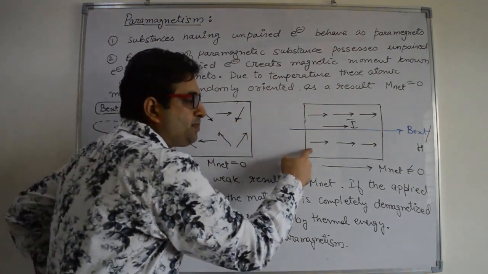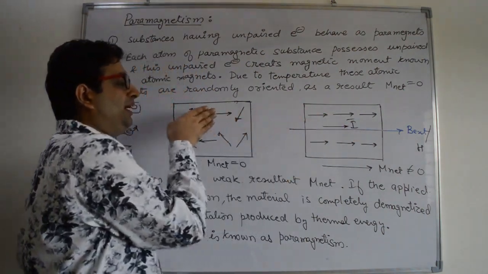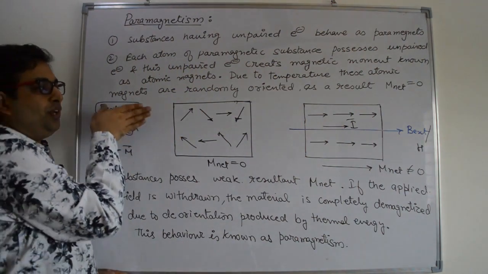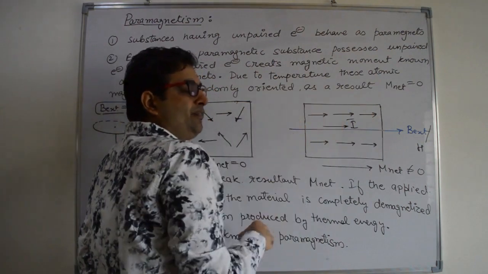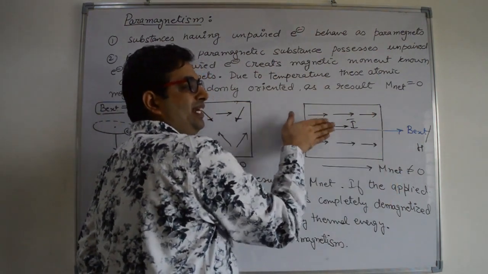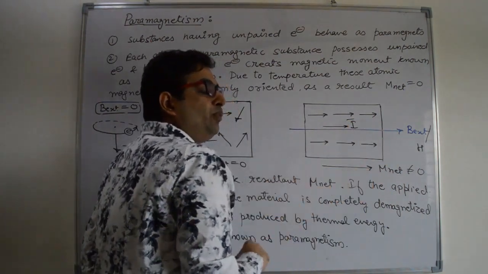If we place this material in external magnetic field, then all the individual atomic magnets due to unpaired electrons will align themselves in the direction of magnetic field, and we will get a net magnetic moment that is non-zero in the direction of external magnetic field. But the value of magnetic moment will be weak.